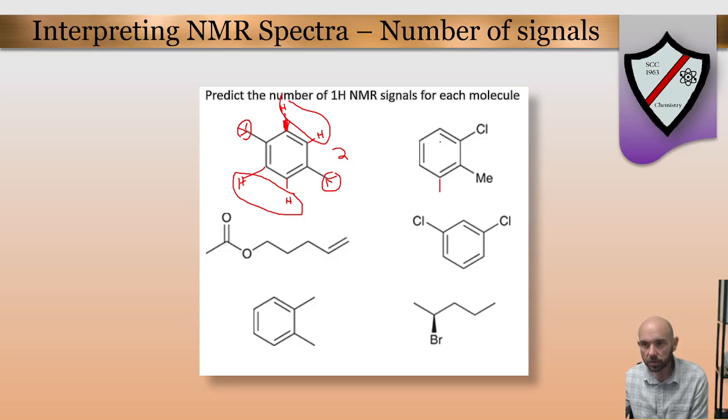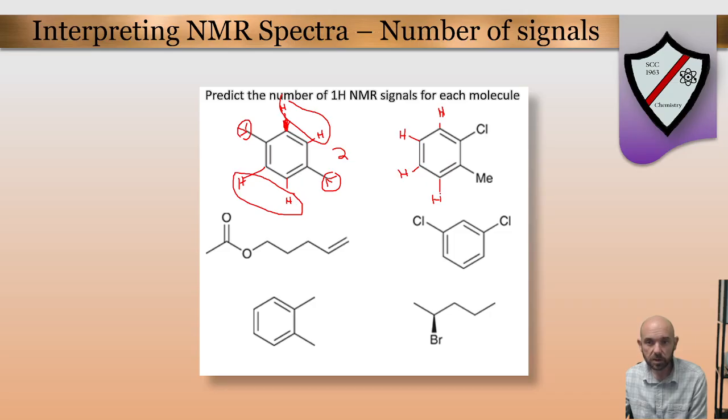On this molecule, these hydrogens are all going to be dissimilar, and they're all different lengths away from different groups.